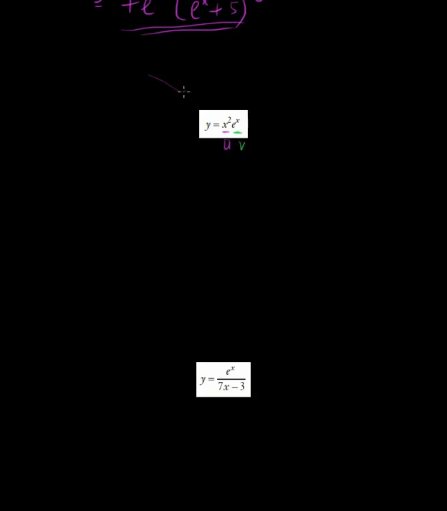Then u is equal to x squared, u dash, the derivative of u, is equal to 2x, v is equal to e^x, and the derivative of e^x, like we learned at the beginning, is the same: e^x.